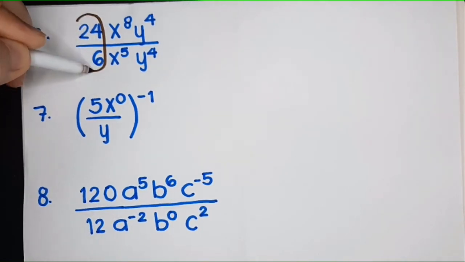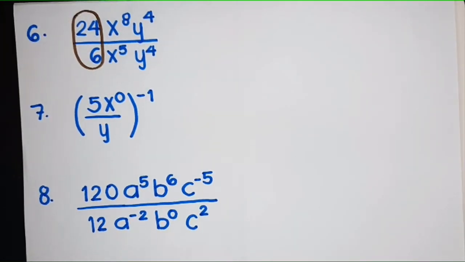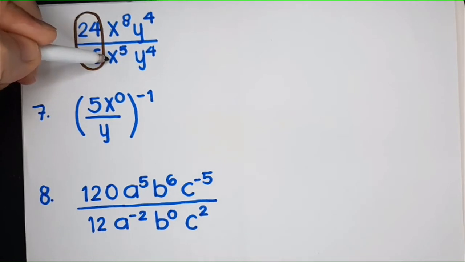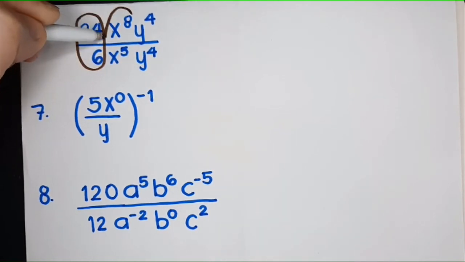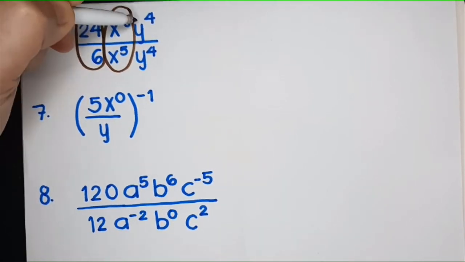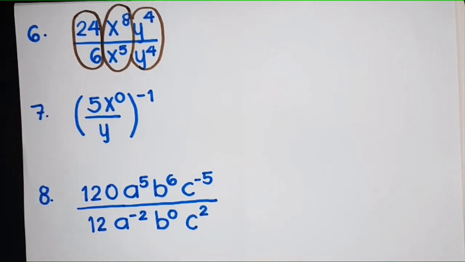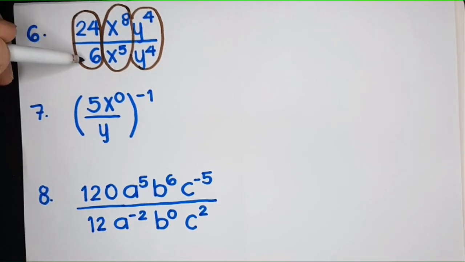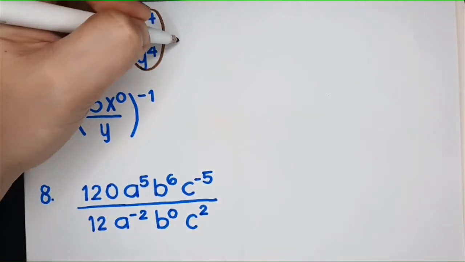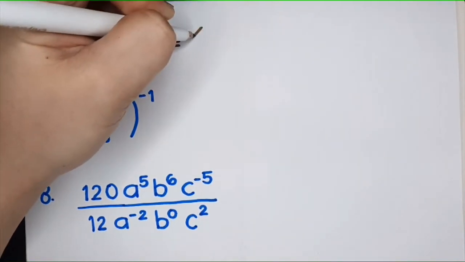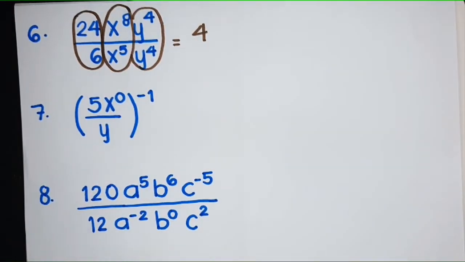So, they are constants. So, group them. Ito, x raised to 8 and x raised to 5. Pareho silang x. Okay, and then finally, eto, yung mga may y. Okay? And then we simplify. Okay? What is 24 divided by 6? It is 4. Right? Okay.